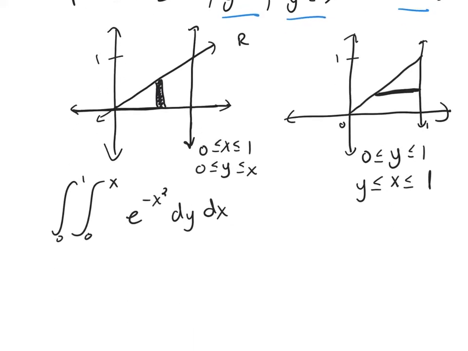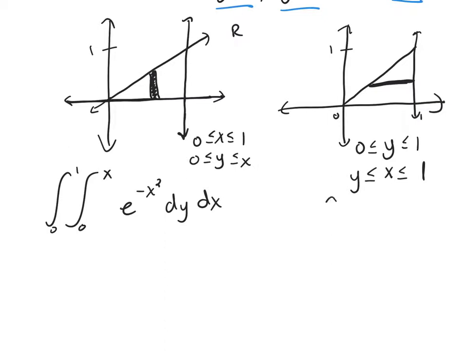So the integral would be from 0 to 1 and y to 1, e to the negative x squared dx dy.